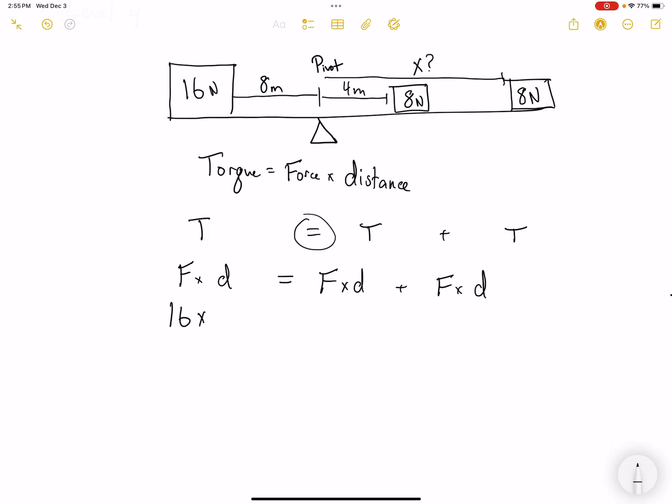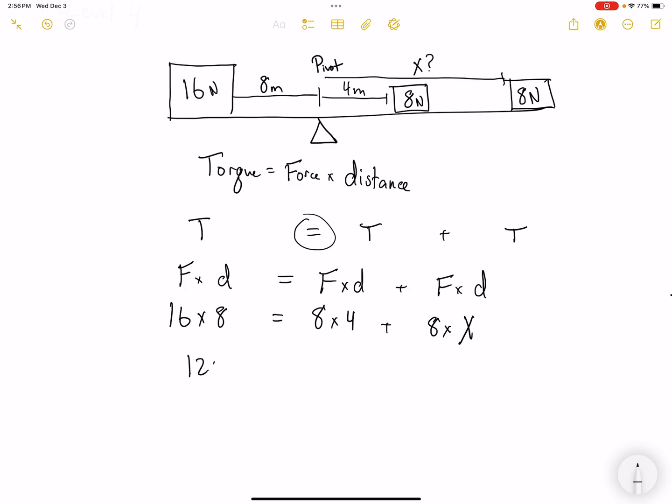So here's 16 times 8. We know those numbers. Here is 8 times 4 plus 8 times x. We'll call that x. I'm going to grab my calculator because there's no reason to have to do this in your head. So 16 times 8.